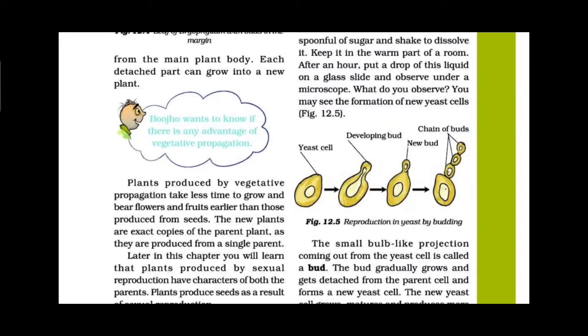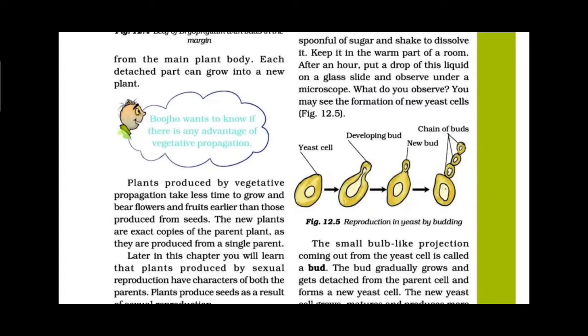What will you see? A bulb-like projection coming out from the yeast cell is called what? Bud. The bud gradually grows and gets detached from the parent cell and forms what? A new yeast cell. Then the new yeast cell grows, matures and produces what? More yeast cells.